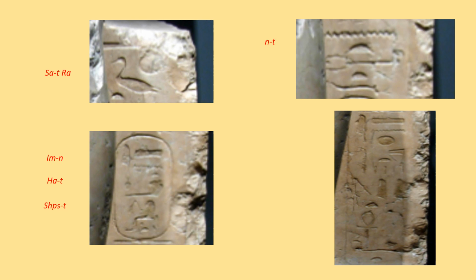So starting at the section on the top right, we see the ripple of water and the loaf of bread, which is transliterated as NT, pronounced net. So I could not find what that symbol is in the center, but we have another loaf of bread, and below that is actually the tongue of an ox.